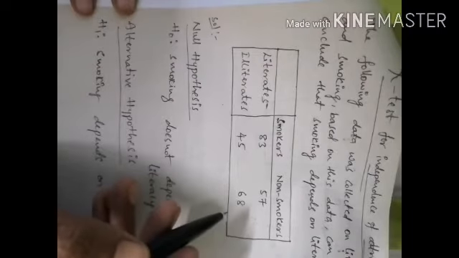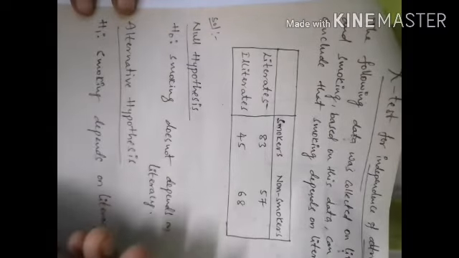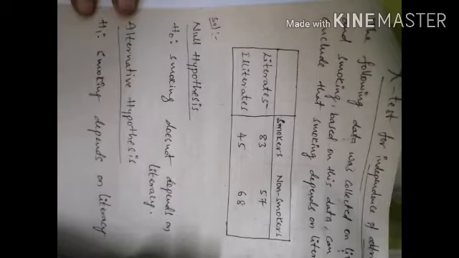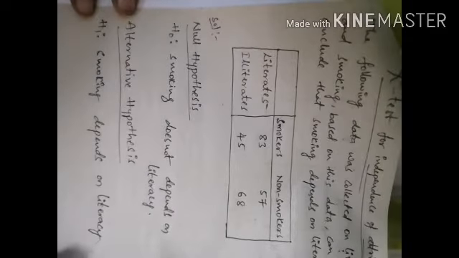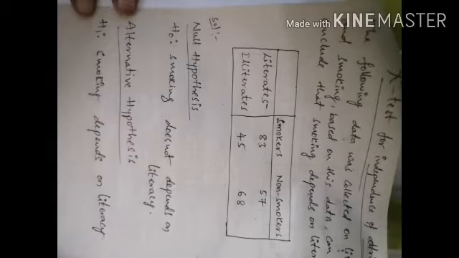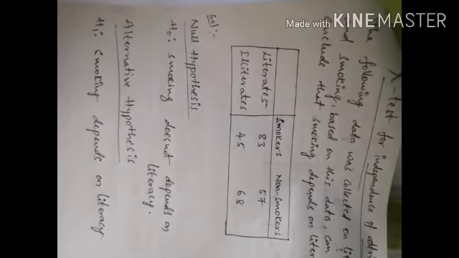So we need to use the formula chi-square is equal to N into (ad minus bc) whole square by (a plus b)(a plus c)(b plus d)(c plus d), which follows chi-square with (r minus 1) into (s minus 1) degrees of freedom.